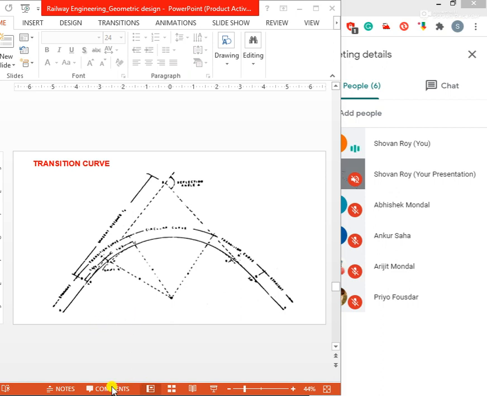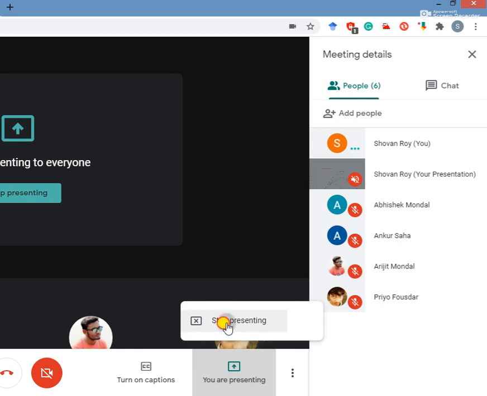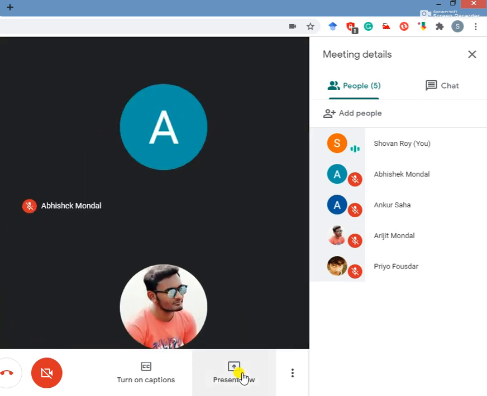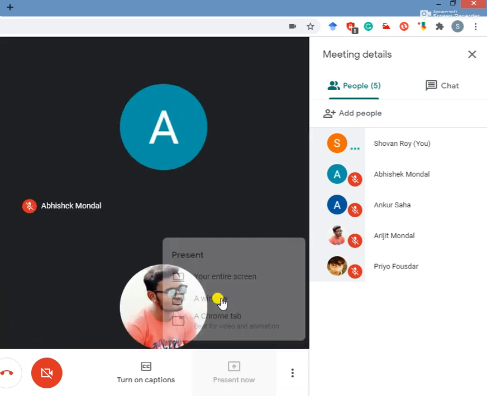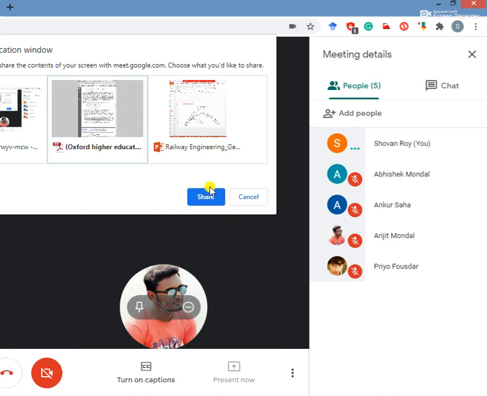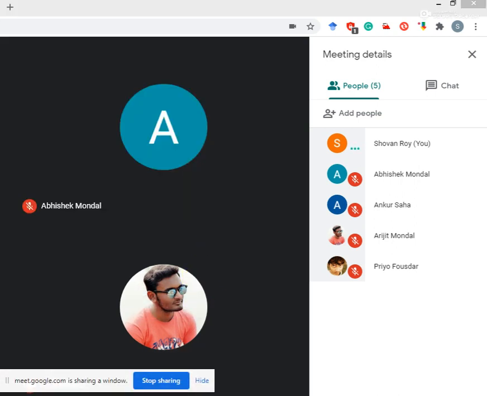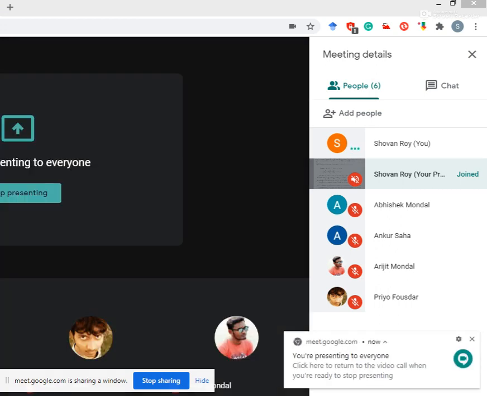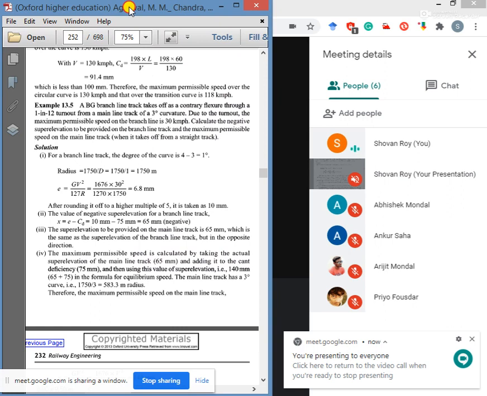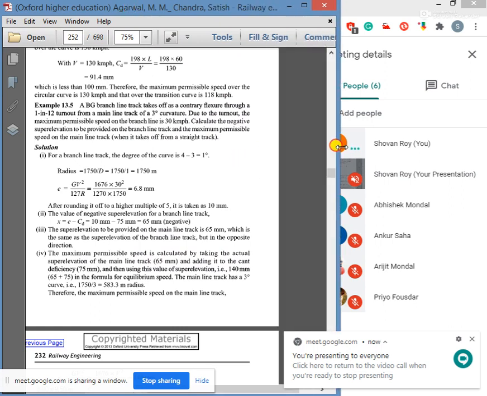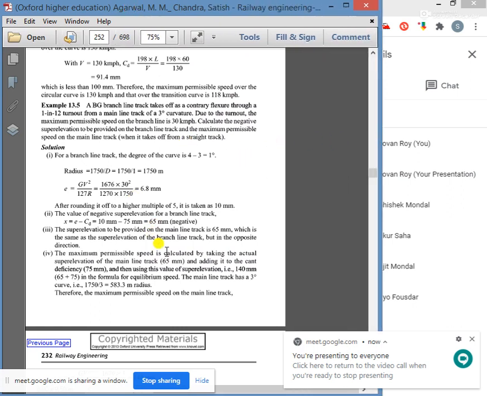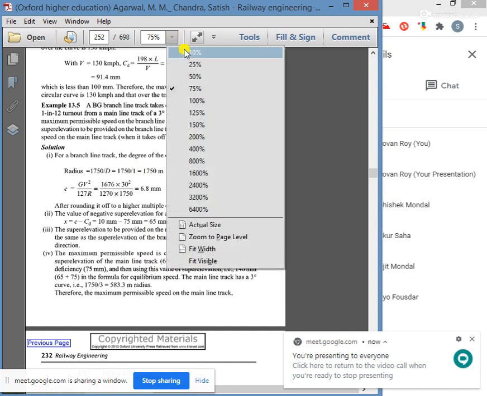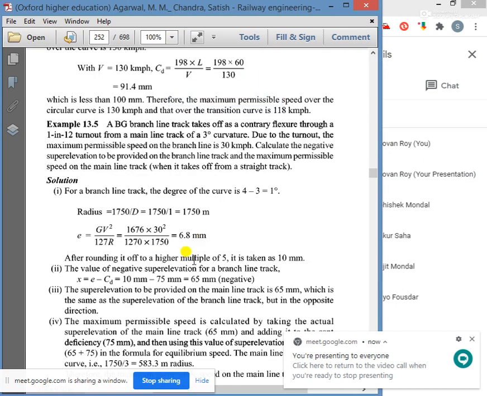Okay, if we see the numerical section in your Agarwal book, you can see a number of problems there.